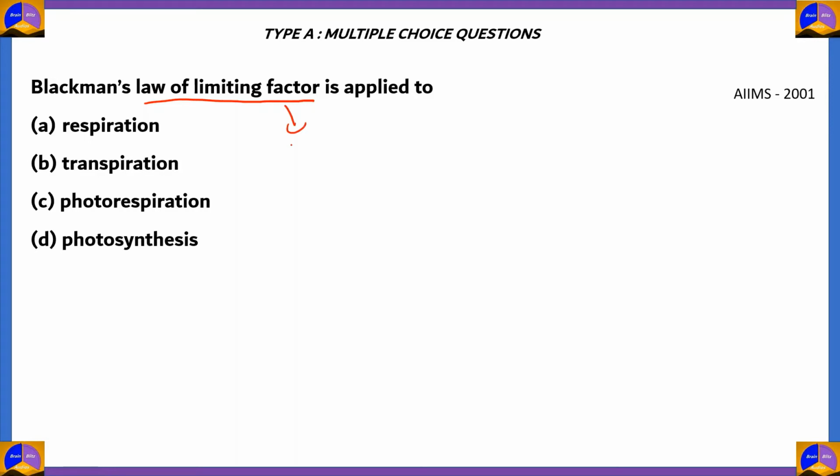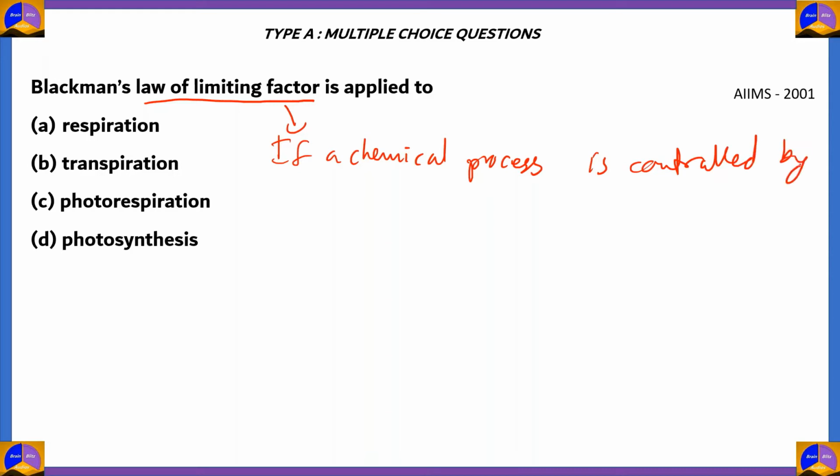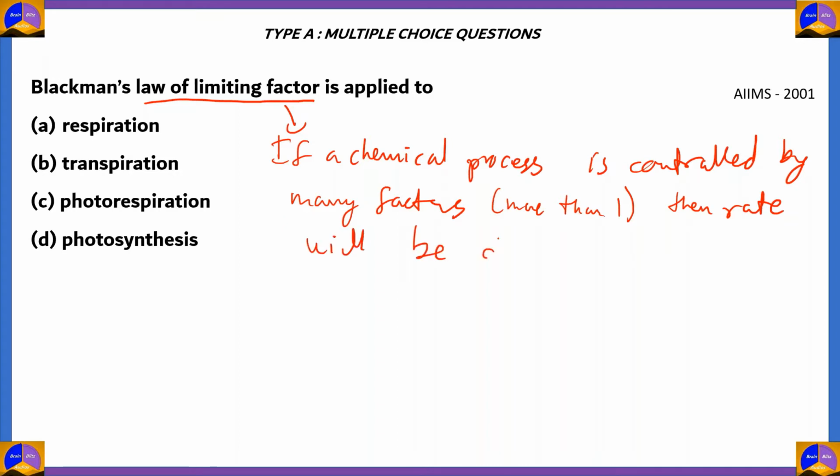So the law of limiting factors states that if a chemical process is controlled by many factors, which here means more than one, then the rate of that chemical reaction will be determined by the factor among the many factors present in limited quantity.